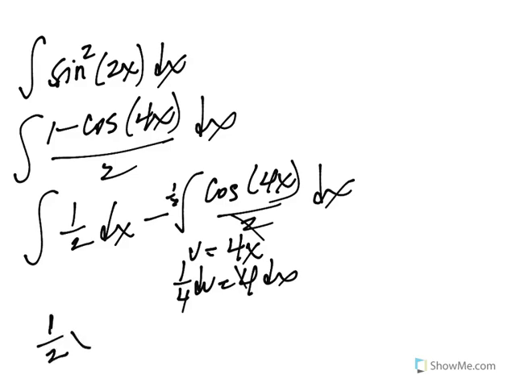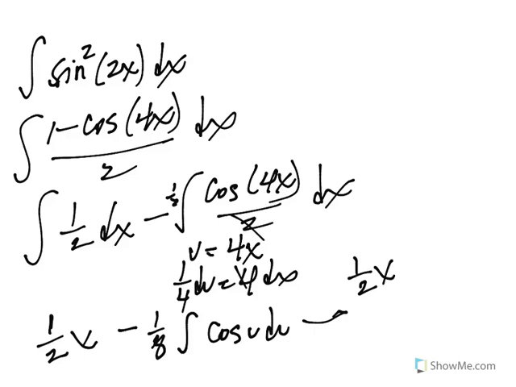My answer then is 1/2 x minus 1/8 times the antiderivative of the cosine of u du, giving me a final answer of 1/2 x minus 1/8 times the sine of 4x plus c. I hope you can read that.